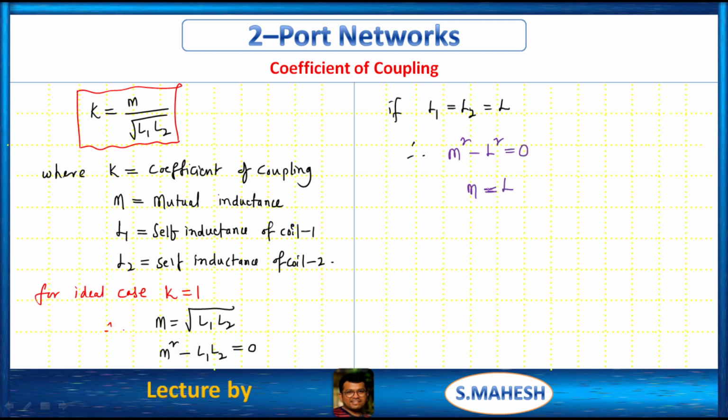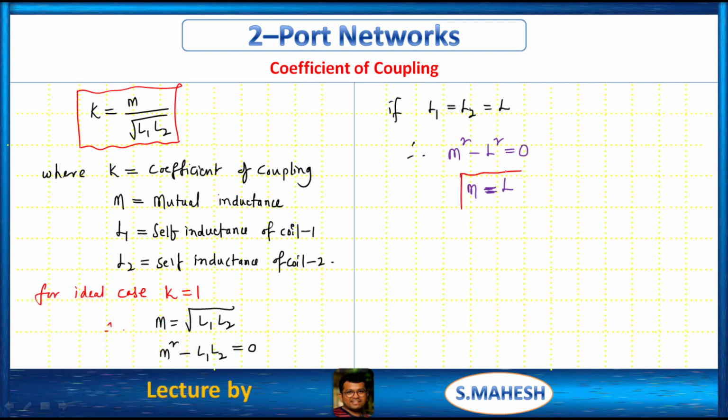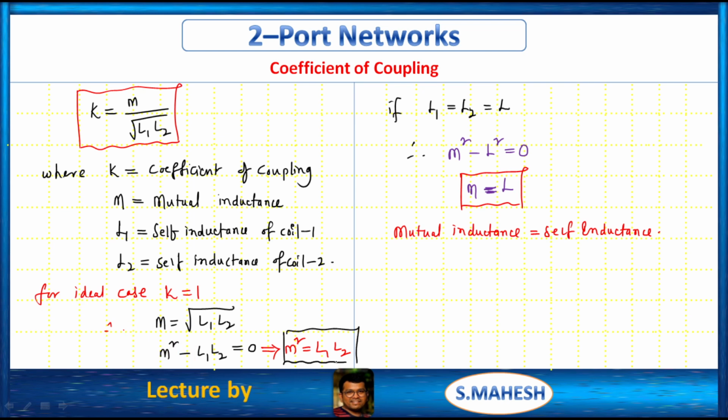In that case the mutual inductance is equal to the self inductance. These are very, very important observations, right? So from this we can write M square is equal to L1 L2. This is also one of the important observations. Okay, that's it.